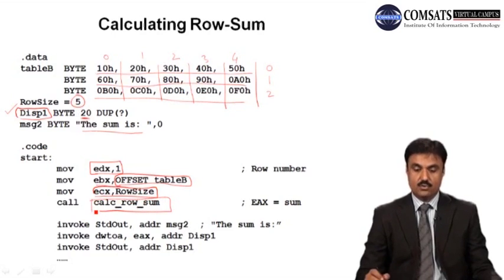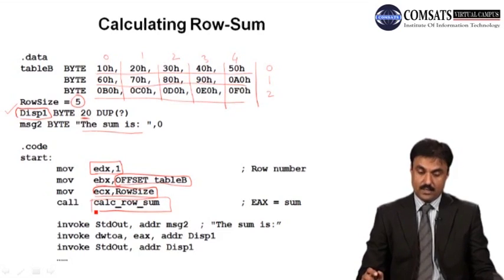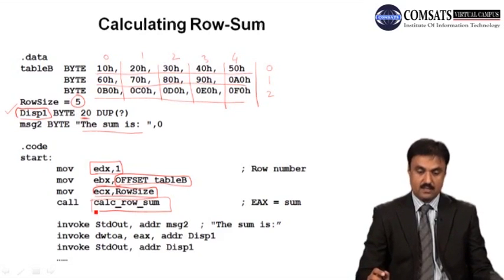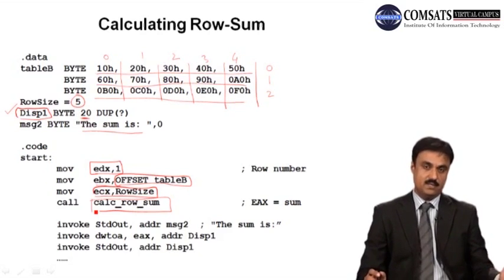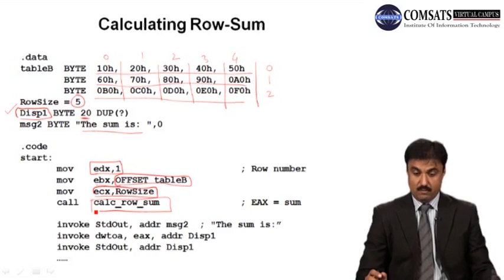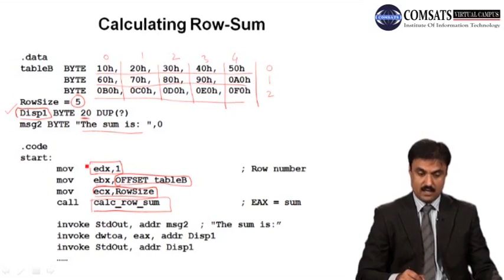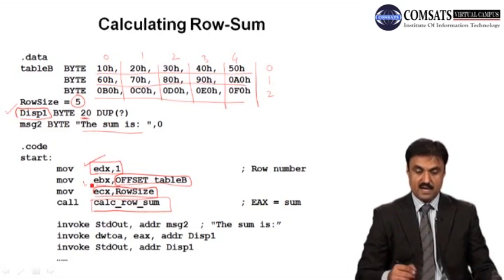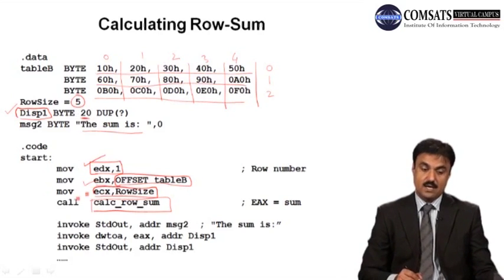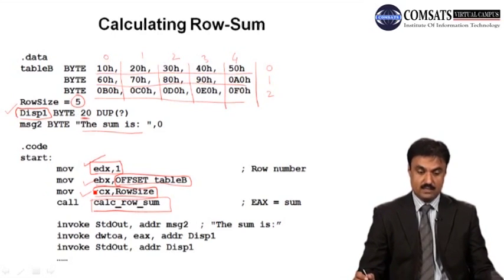Now we are going to call one procedure, calculate row sum, which has the statements to calculate all the elements inside a row. So the row number is 1. EDX has the row number, EBX has the starting address, and ECX has the row size.